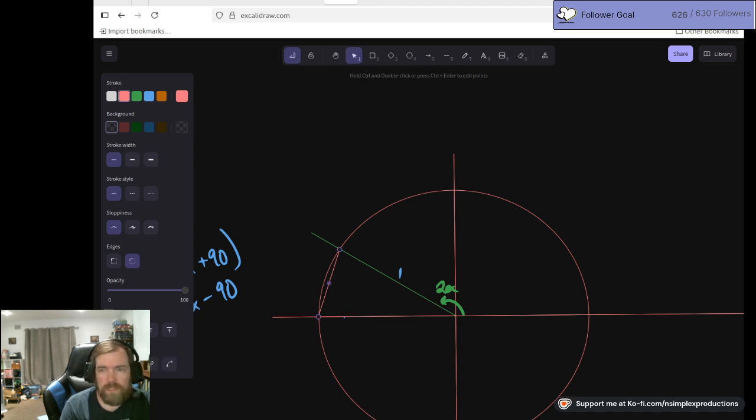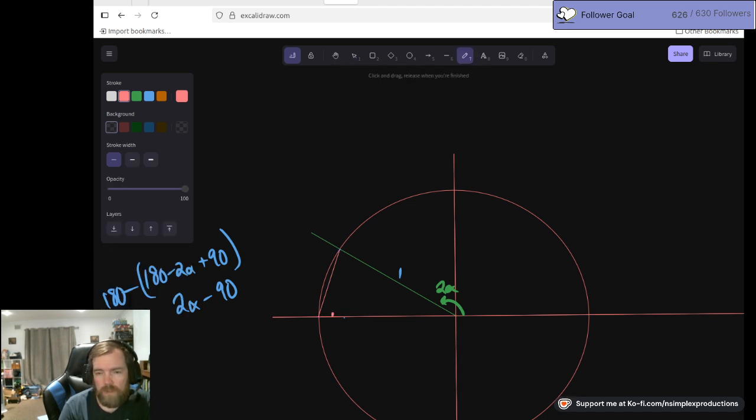So that is going to be alpha. However, that does not guarantee that we have an isosceles triangle. Oh, it does. Yep. Okay.